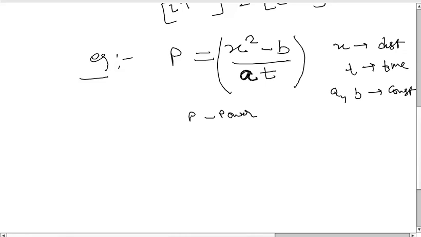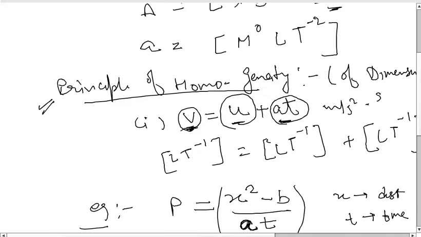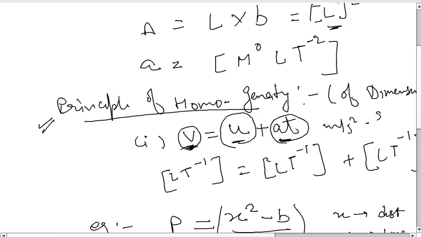Okay, Rohini, I'll just explain what the principle of homogeneity is. Meanwhile, others solve the problem. We already discussed it in the last class. The principle of homogeneity states that every physical quantity may consist of a number of terms, and each of these terms must be of the same dimension.